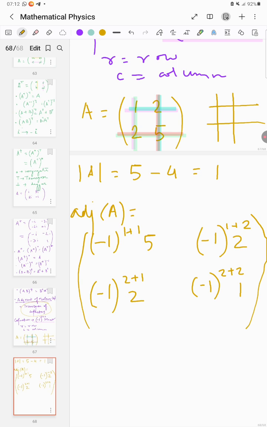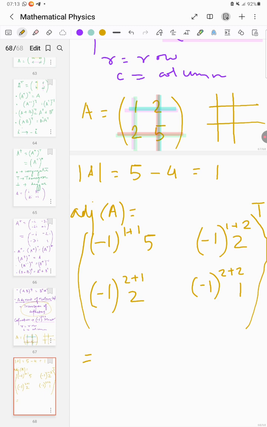Alright, so our adjoint is the transpose of this, right? So we need to find the cofactor and transpose of the cofactor, and the cofactor consists of minus 1 to the power row and column to which the element belongs multiplied by minor.